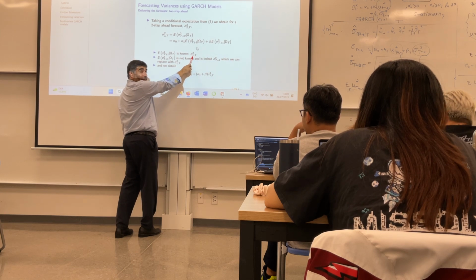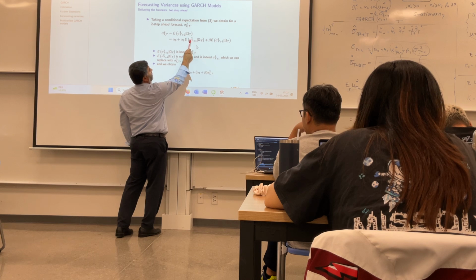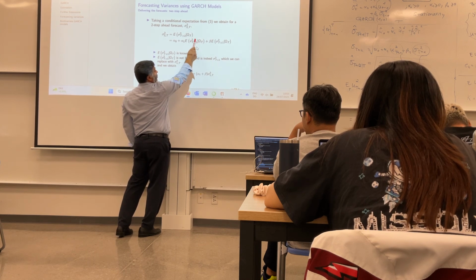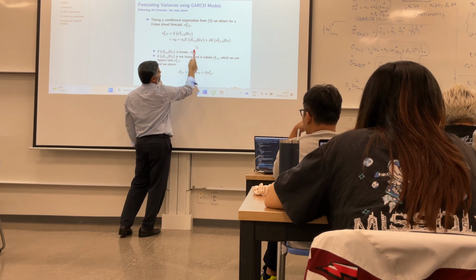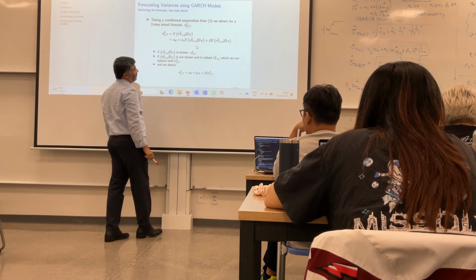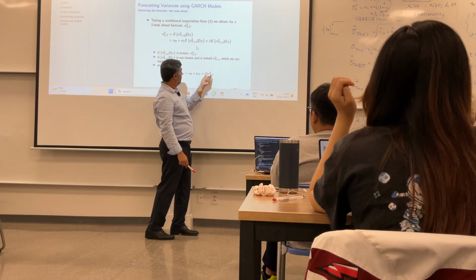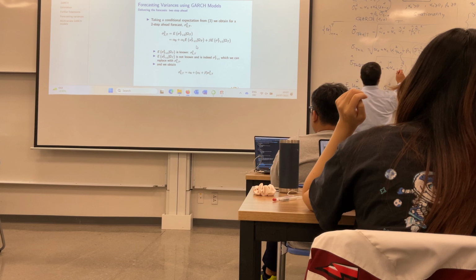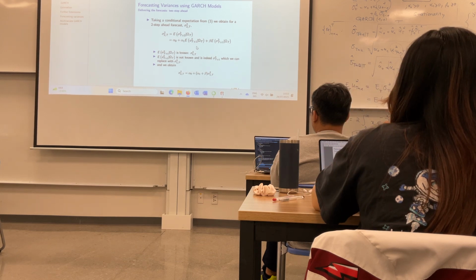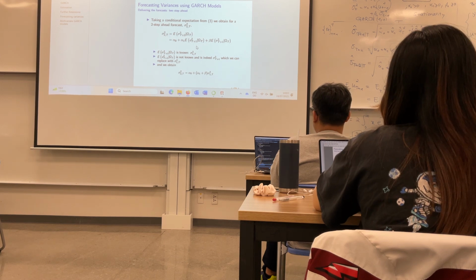That's a 1 step ahead forecast, because the expected value of u to the power of 2 is the same as the expected value of sigma to the power of 2, and that's a 1 step ahead forecast by itself. Then you plug in alpha 1 plus beta, which will show up. So that will be sigma squared t plus 1 given the information in period t.